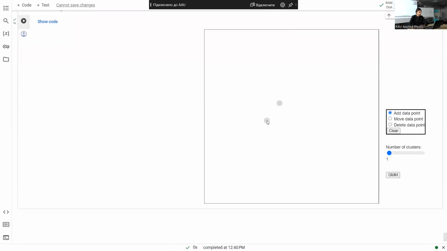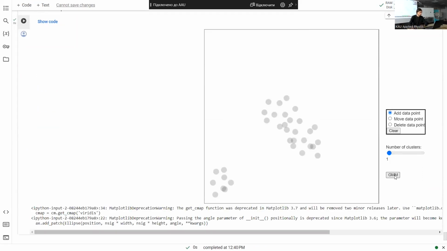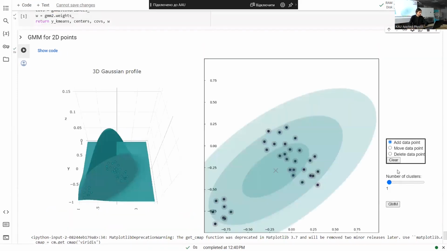Probably you can play around with it. I don't know, let's try some case, some big cluster, some small cluster, let it be here somewhere, and let me do the GMM. Probably should increase the number of clusters.